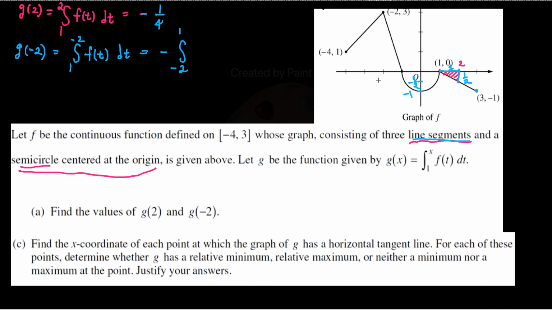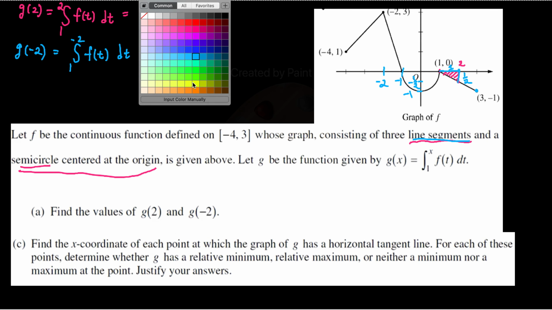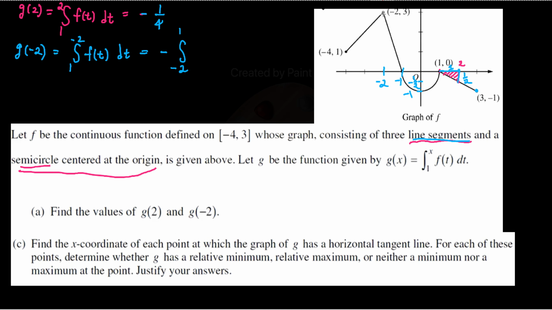So -2 to 1. This is -1 right here. This is -2. I want to find out what this integral is all the way to here. So I'll put that in, I don't know, orange. So here's this color. I'm finding out what this area is. Then I'm going to subtract out this semicircle area right here. And that's from -2 to 1 of f of t dt. And I just have to remember to make it negative at the end.